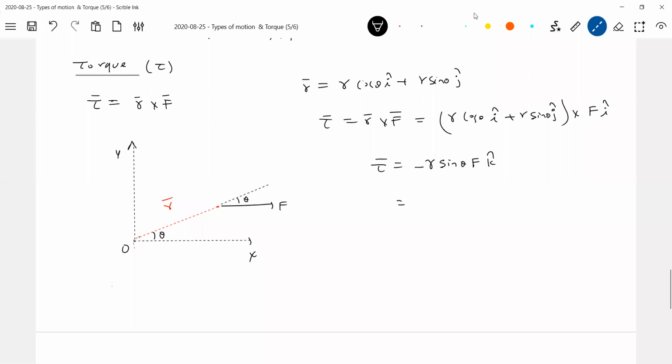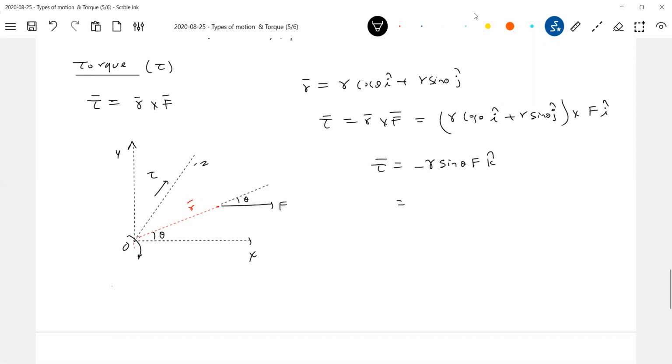I'll take one more. The direction of torque will be like this, or we just show the rotating effect like this. Torque will act along the negative z-axis.